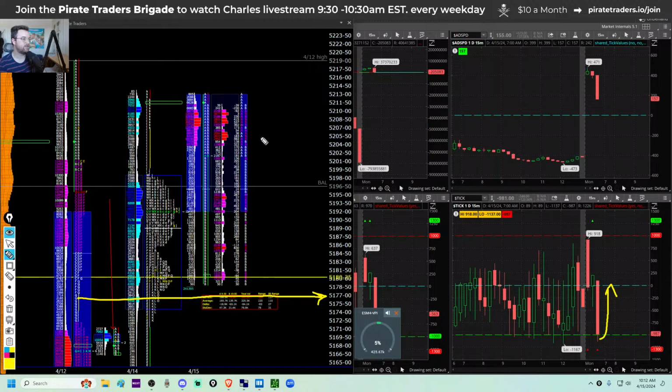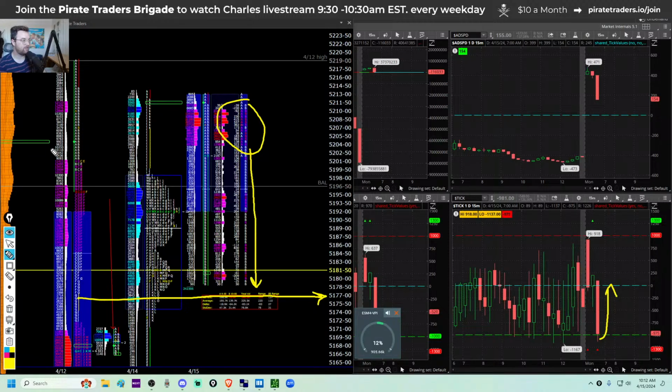But this just tells us the fact that we were in a very tight range and then we liquidated and got such a huge move. It means what's been happening from last week is going to continue today. We're going to have very large ranges.